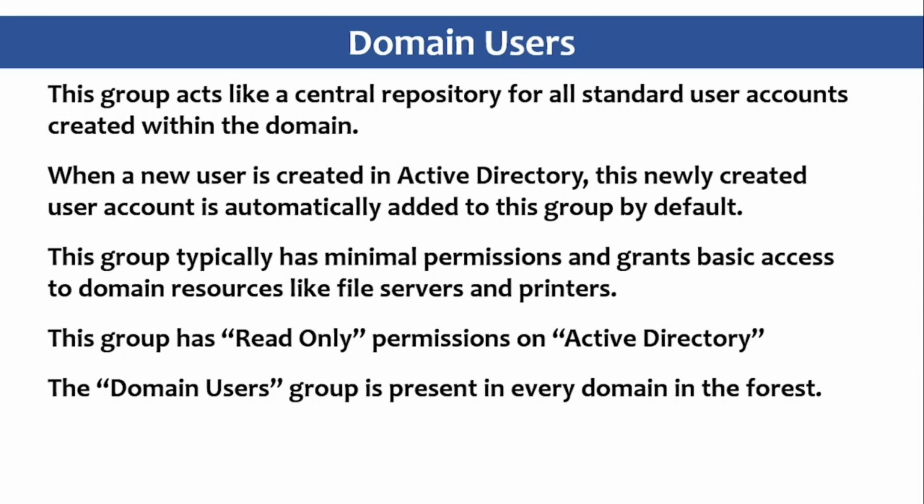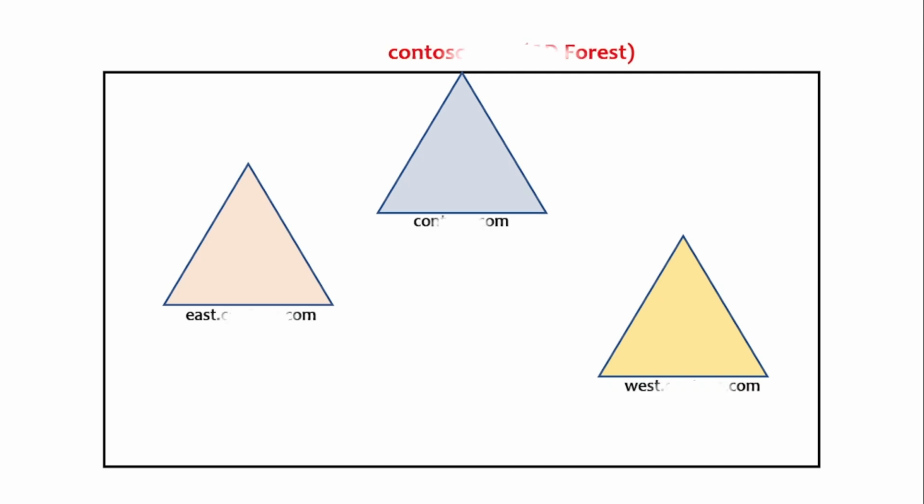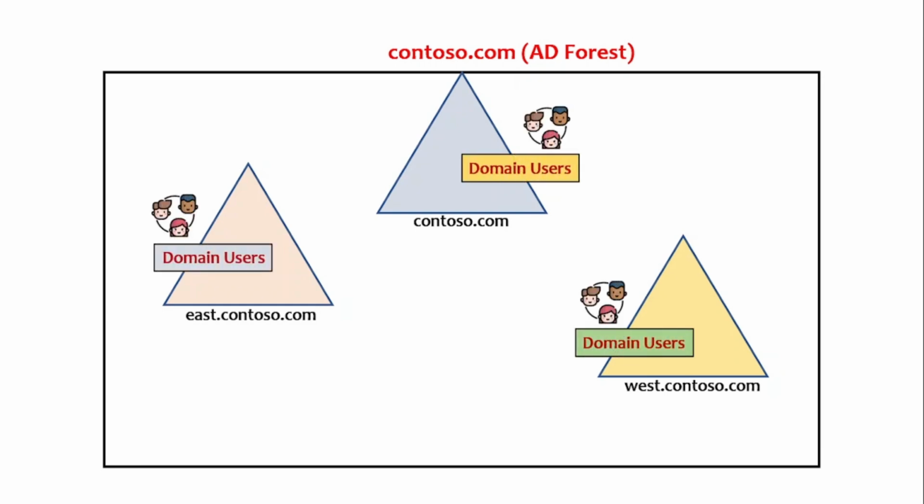The Domain Users group is present in every domain in the forest. So this is our contoso.com forest, and we have 3 domains: contoso.com, east.contoso.com, and west.contoso.com. Every domain will have its own Domain Users group.